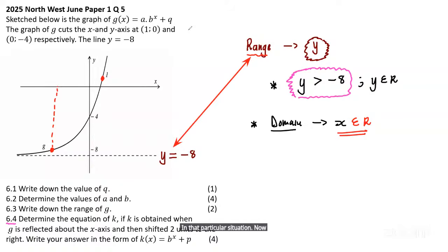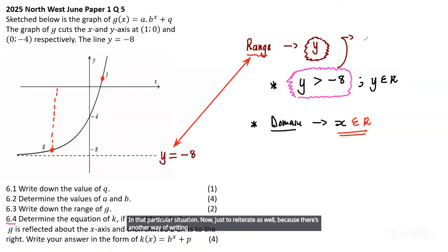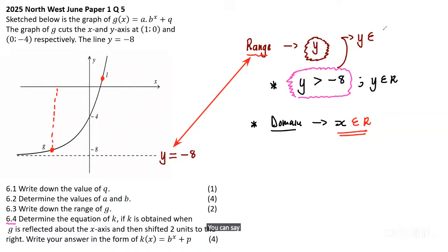Now, just to reiterate as well, because there's another way of writing this particular expression. You can say y is an element, circular brackets, from -infinity all the way to +infinity. Notice that I did not say greater than or equal to. The reason is because the graph does not exist when y is equal to -8.